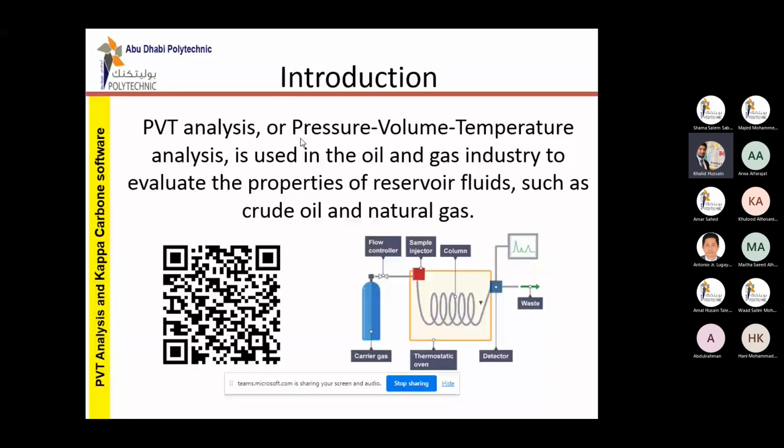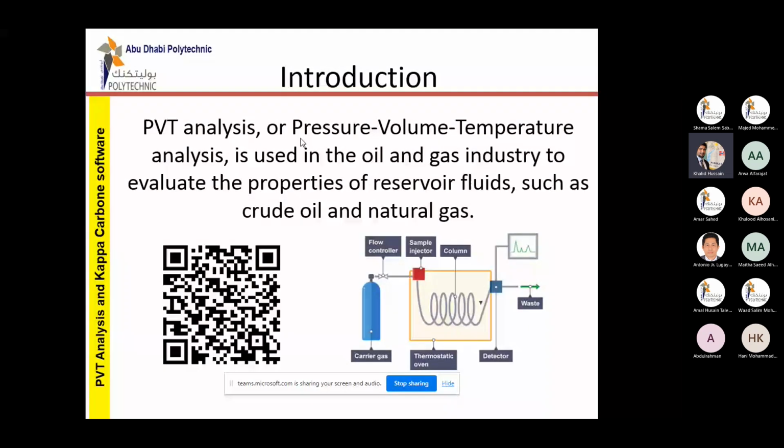The other things are how many separators we should put, what the pressure should be, what the flow line should be. We call it the separator test. But the first thing we are interested in is the density as stock tank barrel on the surface, because the customer will pay us based on density and composition. The second thing we are concerned about is the bubble point. So this is the initial purpose of PVT analysis.